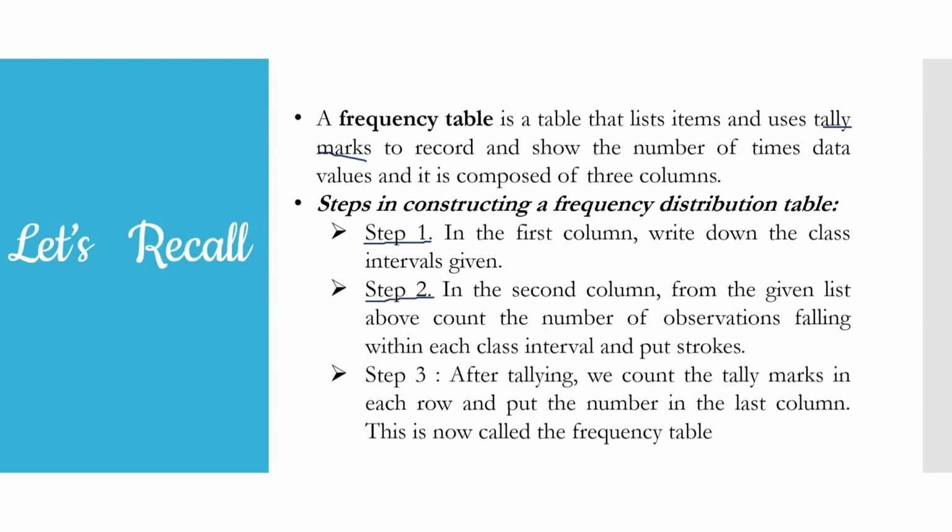For step 2, in the second column, from the given list, we count the number of observations falling within each class interval and put strokes on it. For step 3, after we tally, we count the tally marks in each row and put the number in the last column. We are now done with our frequency table.